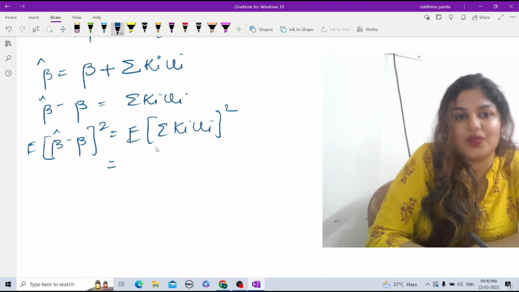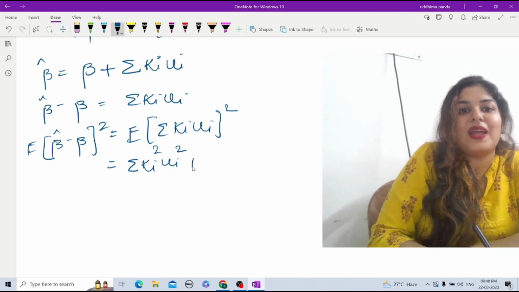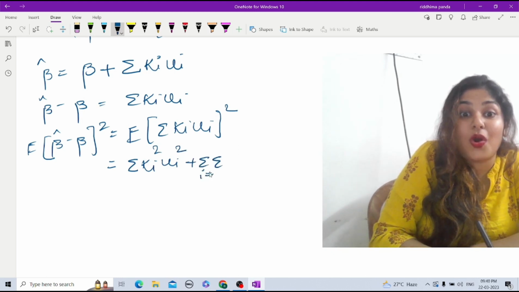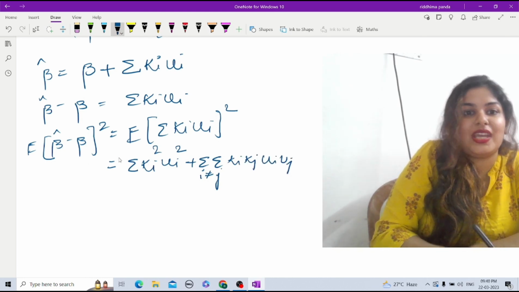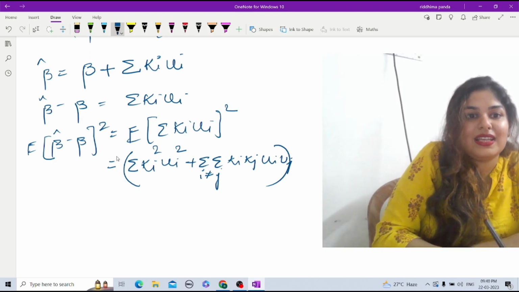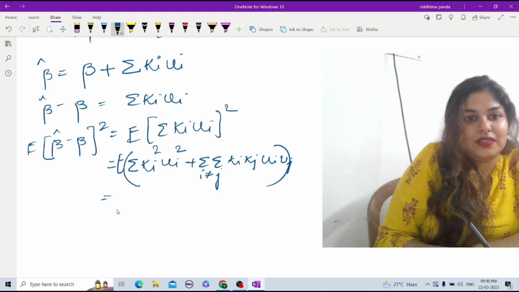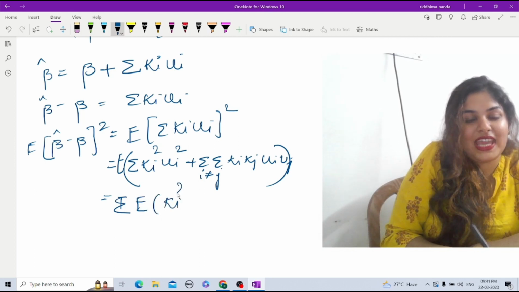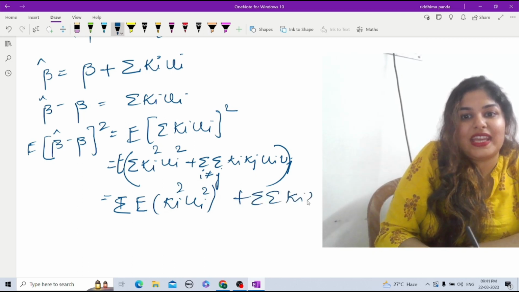So that is equal to summation ki square ui square plus summation i not equal to j ki kj ui uj, and of course this is the expectation term. Now here we have summation expectation of ki square ui square plus summation ki kj expectation of ui uj.